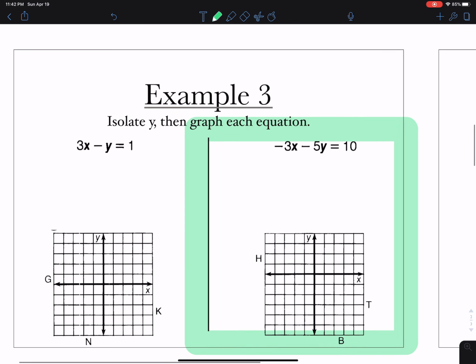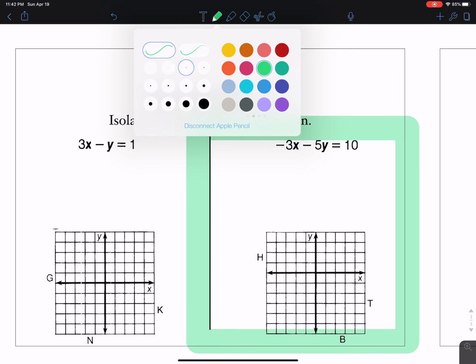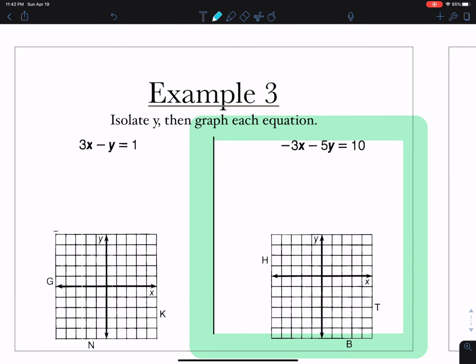Example 3, again, pretty similar. One thing to notice with this, this minus sign goes with y. So it's actually like we have a negative 1 right there that we'll have to get rid of later. So we have to get rid of that 3x first, and we can do so by subtracting 3x from both sides.